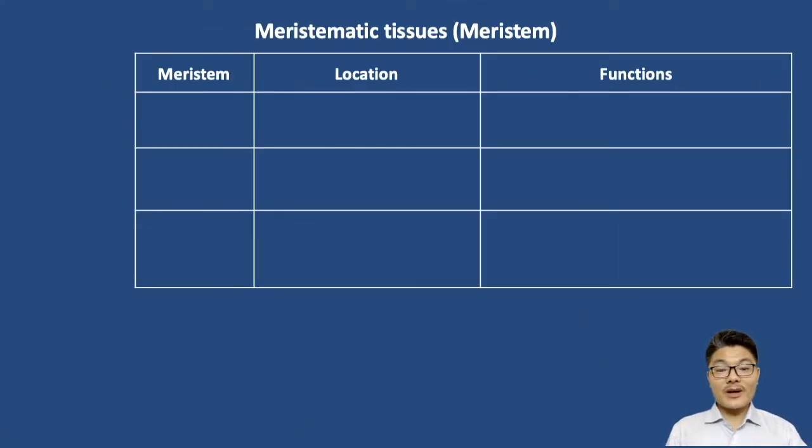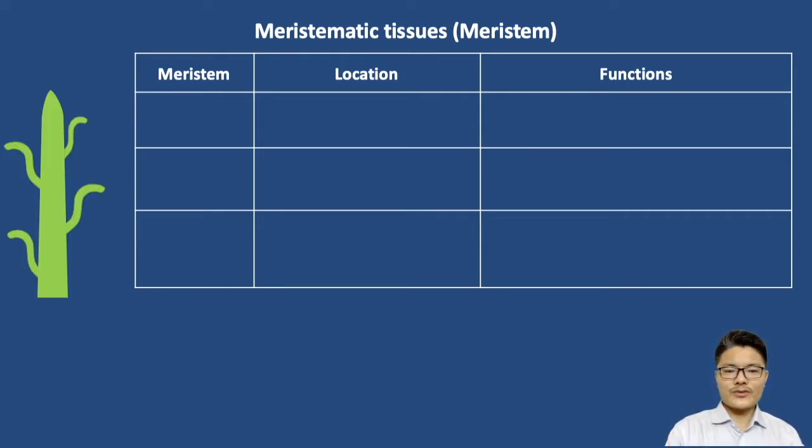Now let's discuss the three main types of meristem. To understand that, let's consider this diagrammatic representation as a plant having nodes. I've represented here 4 nodes. Nodes are the region from which growth of branches occurs.